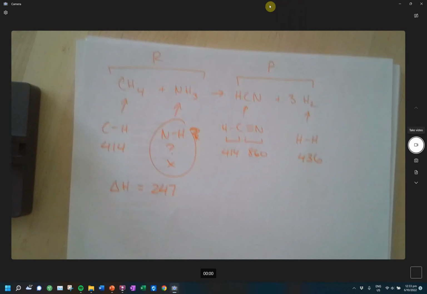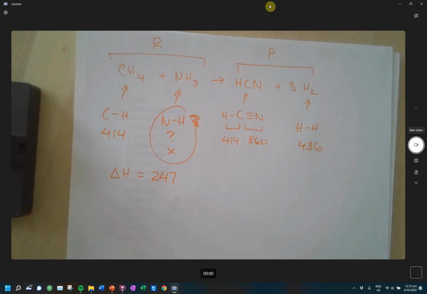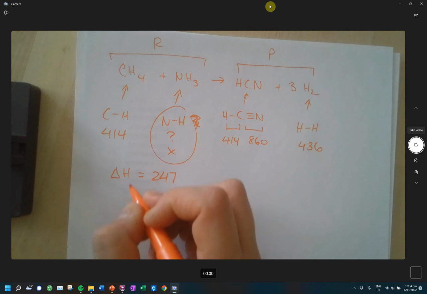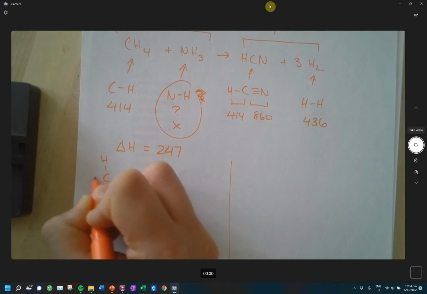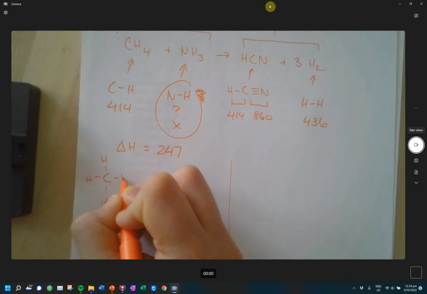Now this one is a little bit more complicated because there are lots more moving parts in it. So let's list this out. Actually, let me draw it out first. For the CH4, that's what that molecule looks like.